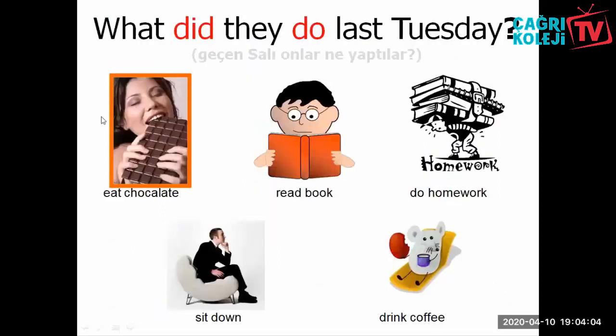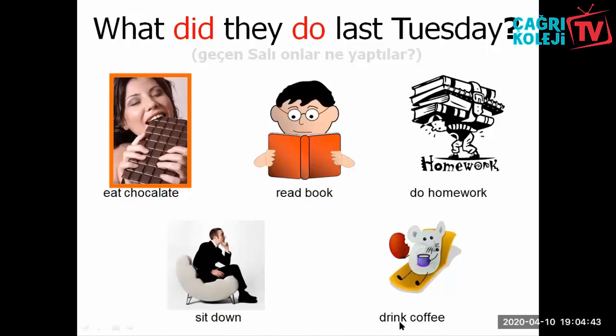Now, what did they do last Tuesday? Here, please pause the video and focus on the verbs eat, read, do, drink, sit. Do you remember the second form, the past form of these verbs? Let me remind you, eat changes into ate, read changes into read, do changes into did, sit changes into sat, with T, not D, sat.